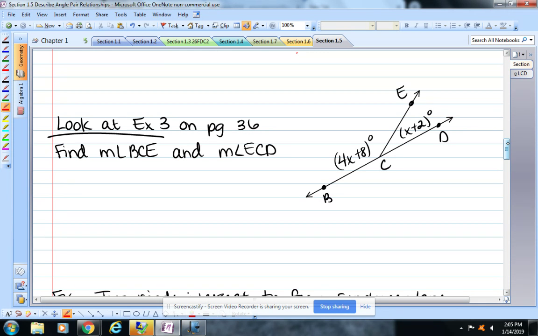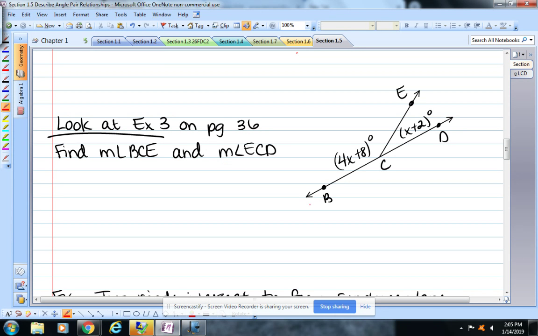And we know that a straight angle is how many degrees? 180 degrees. So, I might not know what X is yet, but I can say this angle plus this angle equals 180 degrees. So if two things make a straight line, then you can add them together and set it equal to 180. So I have to solve for x before I can find those measures.